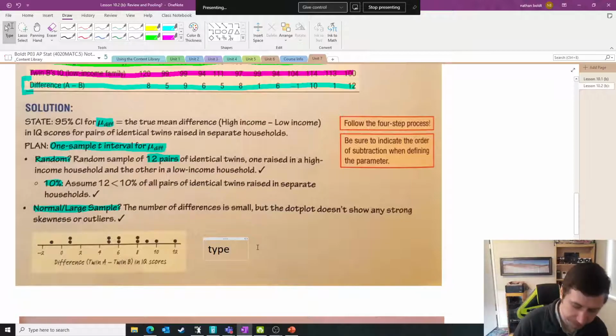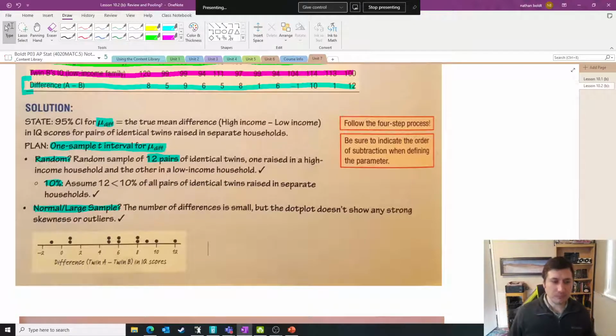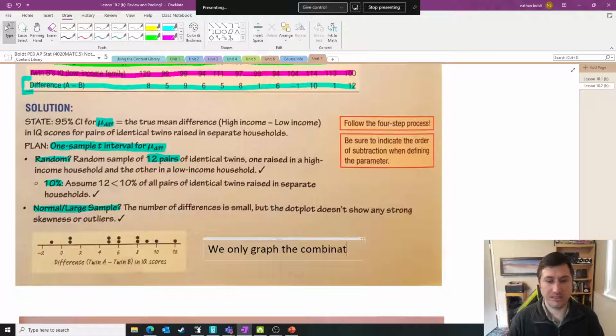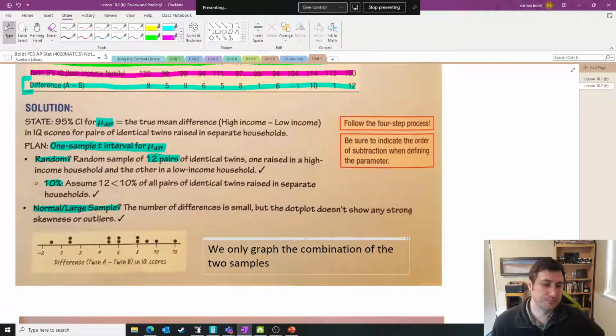All right, so you might make a note. We only graph the combination of the 2 samples. And that's the one you look at. Hey, is it roughly symmetrical?